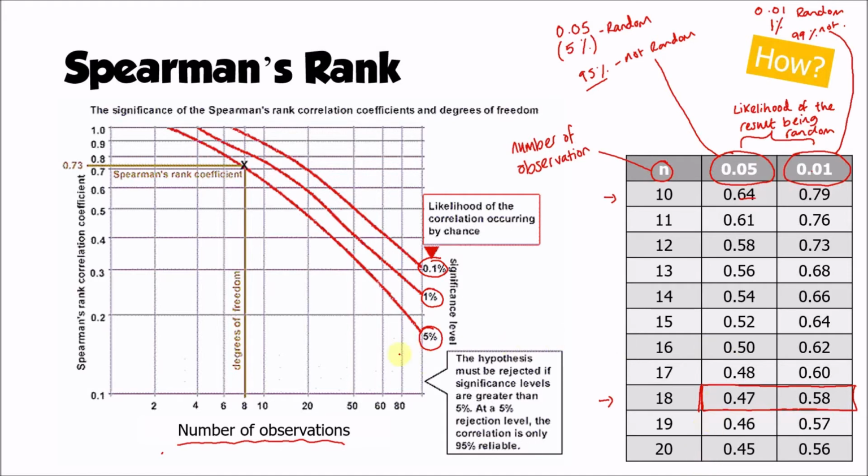The more things that you measure, the less chance there is that that random relationship is going to be present. So that's why those numbers get lower as we go down that list, and that's why the 0.01 level is higher than the 0.05 level, because this is a higher level of confidence than this one.